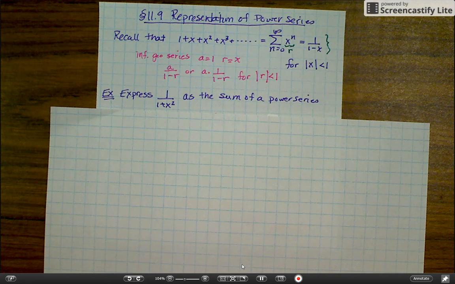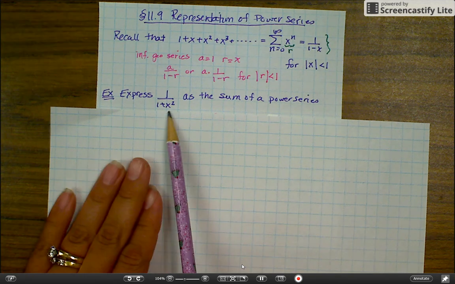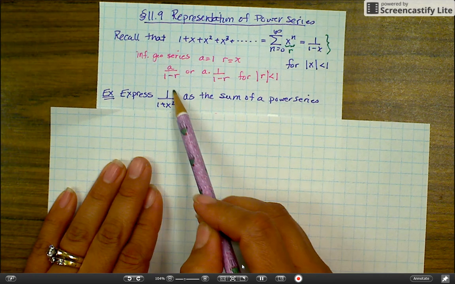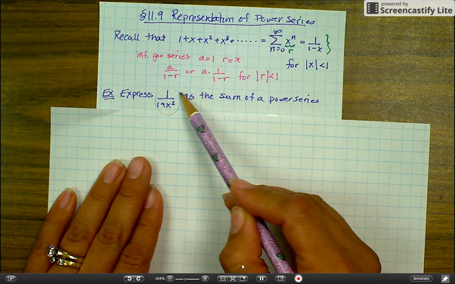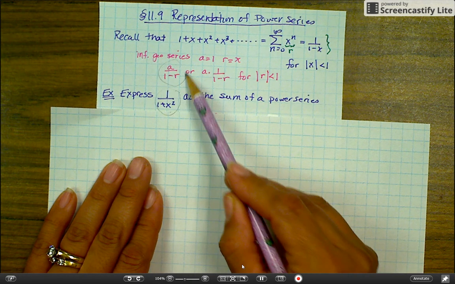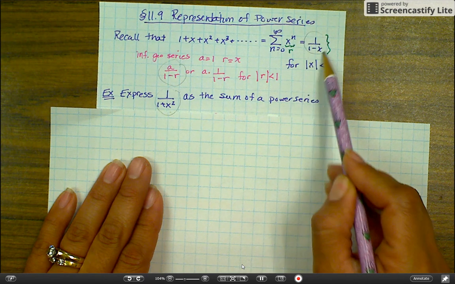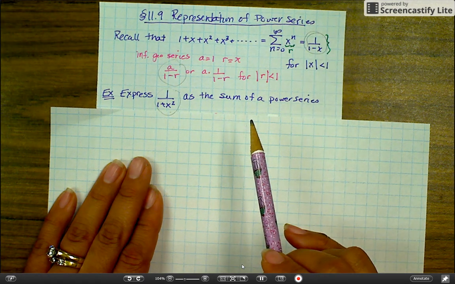What we want to do is try to match it up to this form.